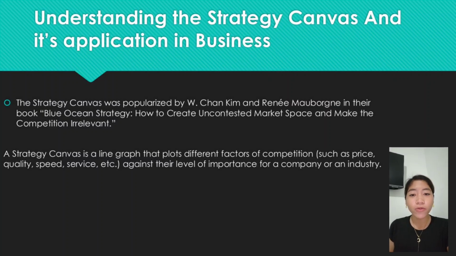Businesses can identify what to keep, to change, or to create to stand out. For example, Apple didn't just compete with other phones. It created a new experience with design, apps, and features that set it apart.